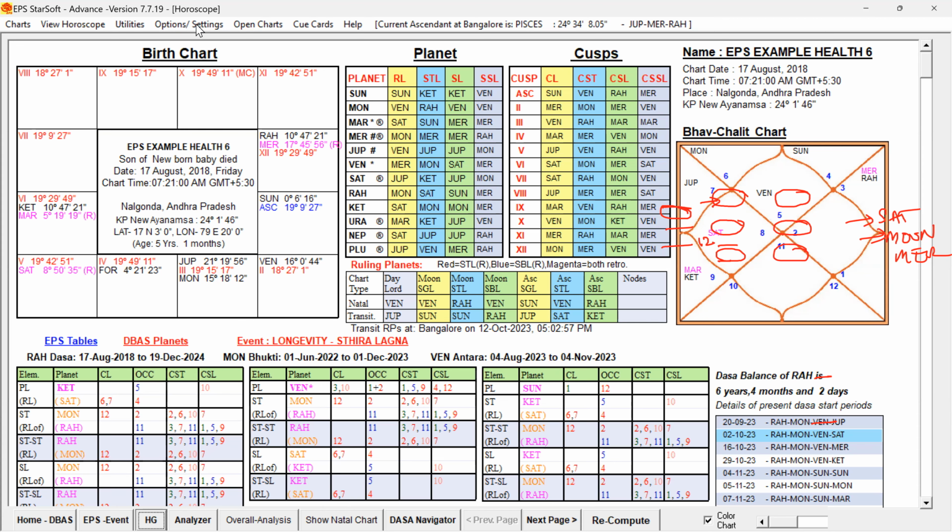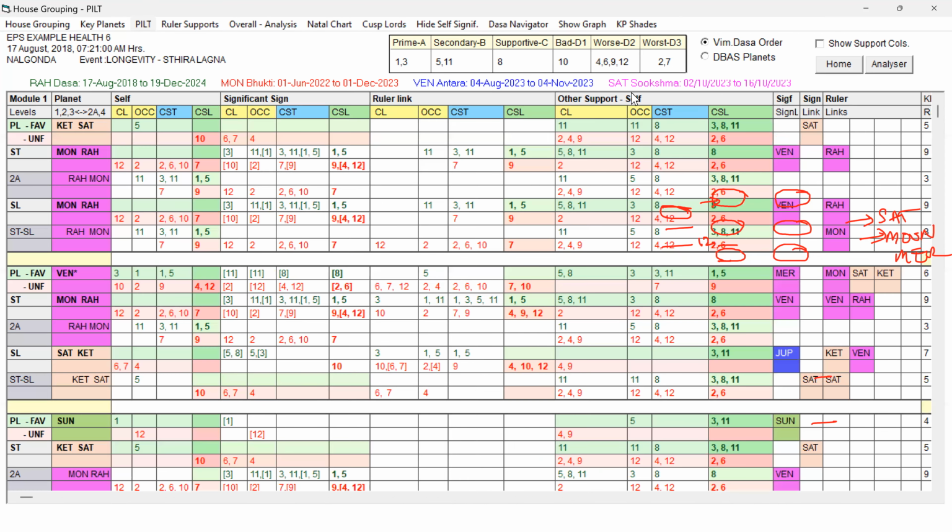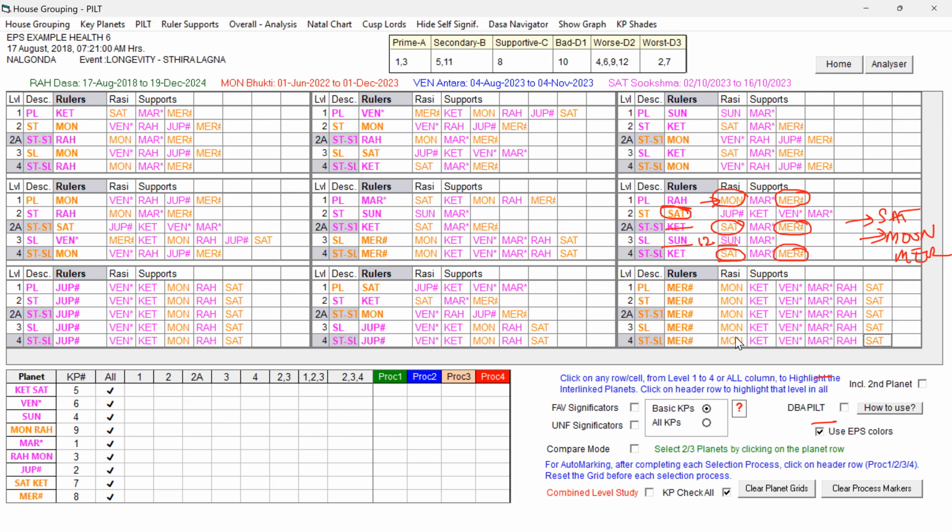Lagna sublord Rahu is in the subsub of Mercury. Suppose the subsublord is Mercury. You can see Mercury here, Mercury here, Mercury here. So Mercury is not only the subsublord, it is forming ruler links to the other levels also. That Mercury is the unfavorable key planet that we already discussed.